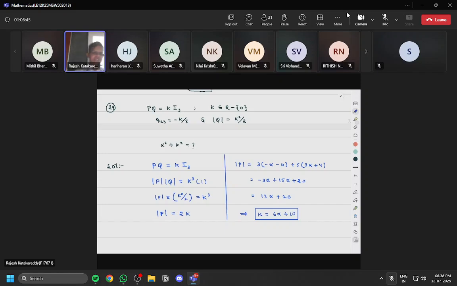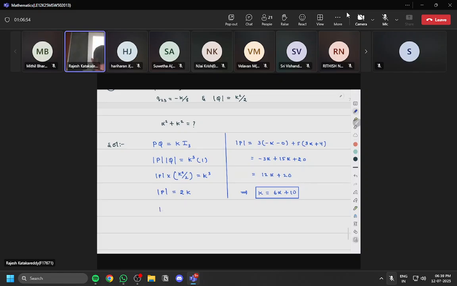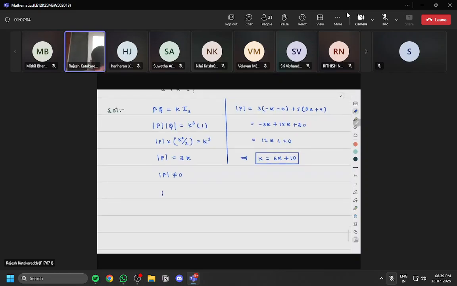No doubts, right? See, in the problem there is a line mentioning that K is a non-zero real number. Using that, I can say determinant of P is not equal to 0. That means matrix P is a non-singular matrix. Inverse of P we can find. For that, P into Q is equal to K into I3. Left multiply with P inverse on both sides.